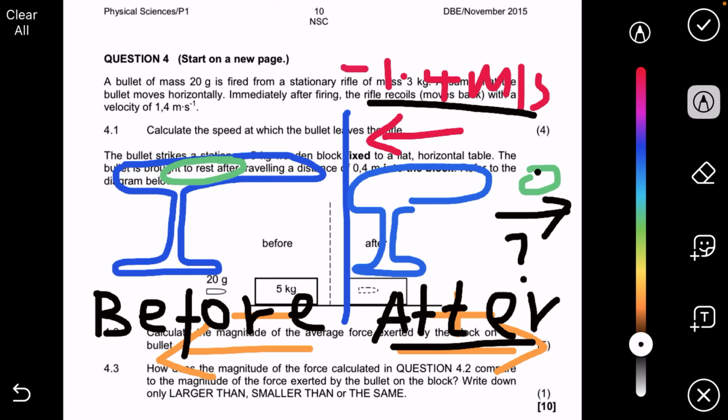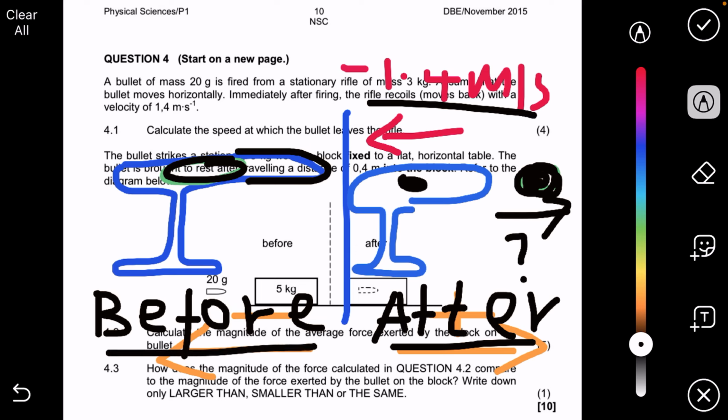And again, remember, guys, the mass doesn't change. The mass of that bullet after is still the same as the mass before, and the mass of that rifle is still the same as the mass before. So now, what information do we know about the situation before? We know the velocity of both is equal to 0.